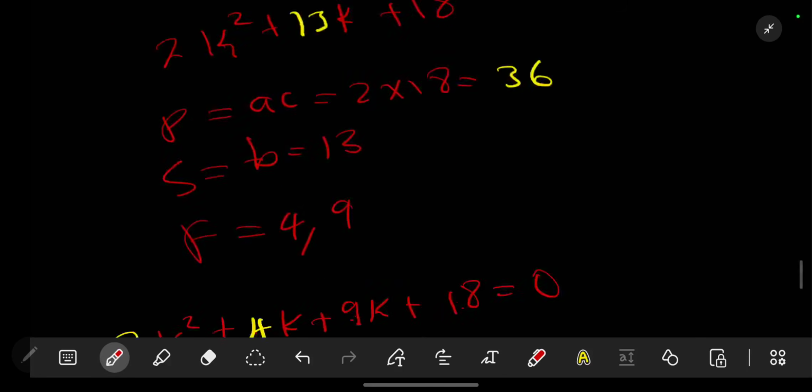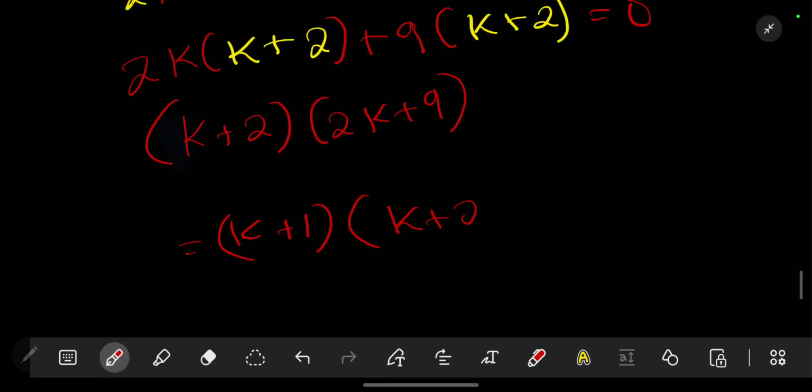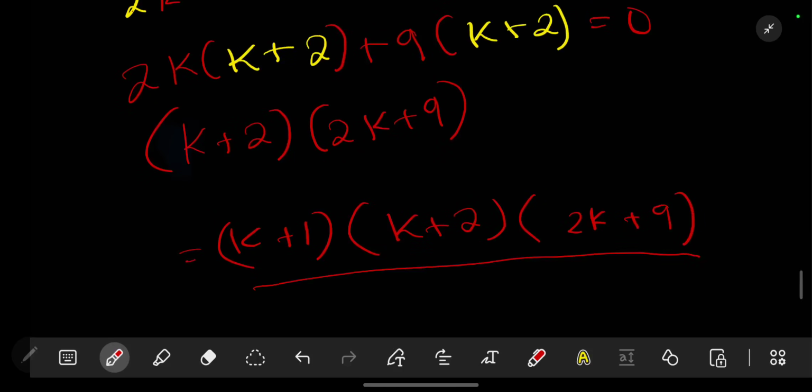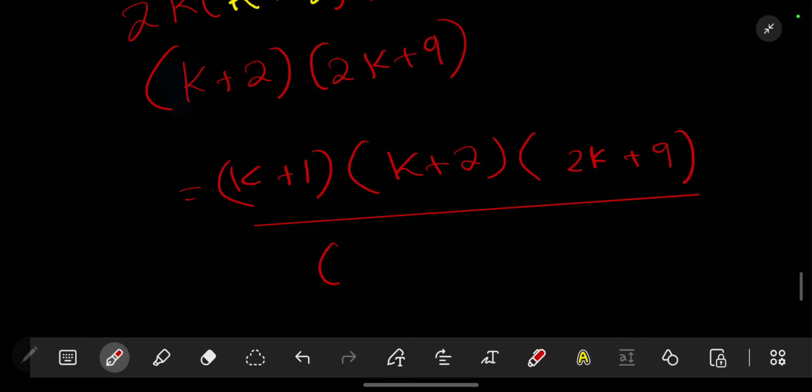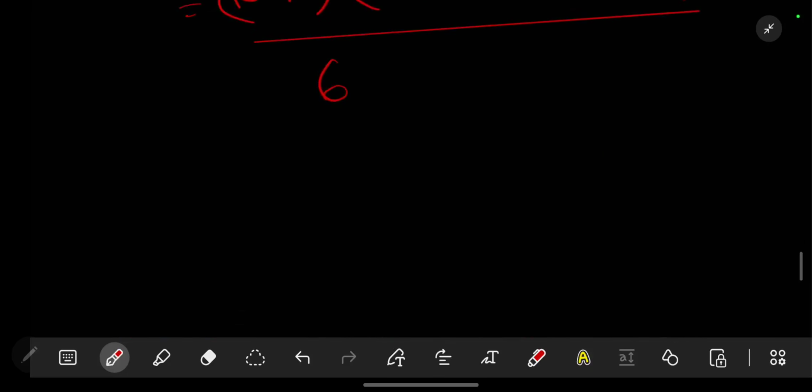Then the one that is unfactorized, we are going to put our k plus 2. We have our 2k plus our 9, then over our 6, like this. So this is what we have. Now testing by substitution.